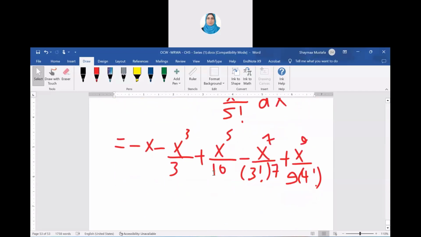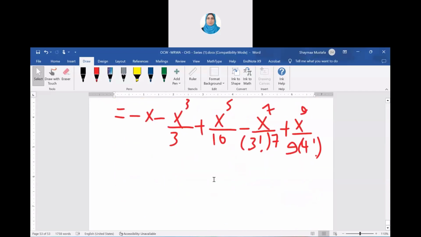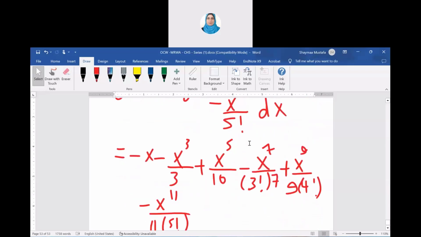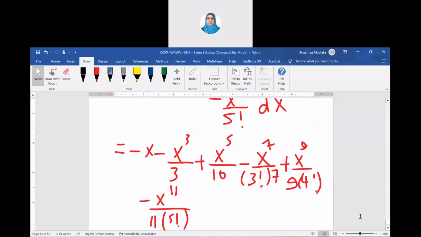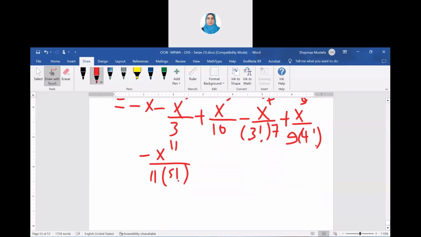And the integration of x to the power 10 is x to the power 11 over 11 times 5 factorial. All this from 0 to 1.